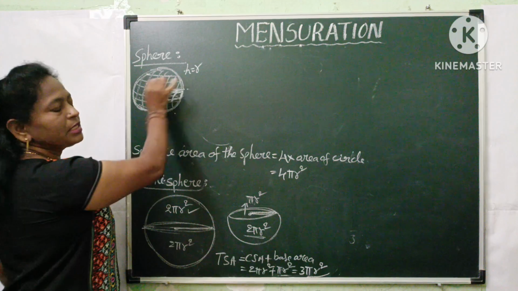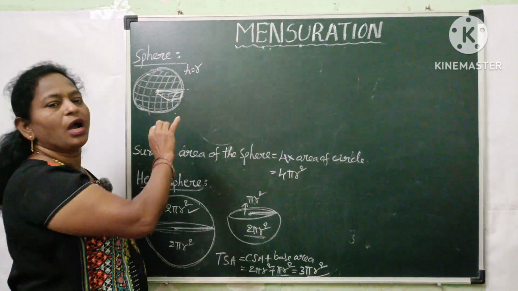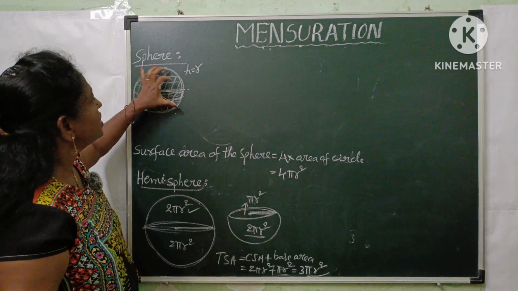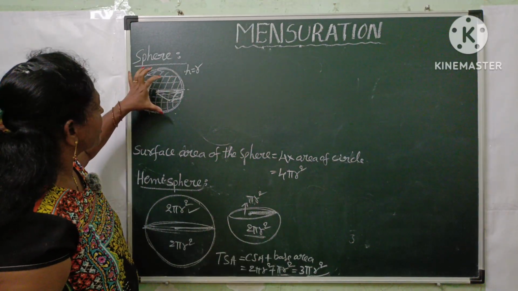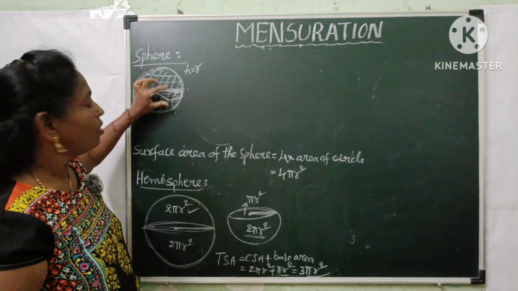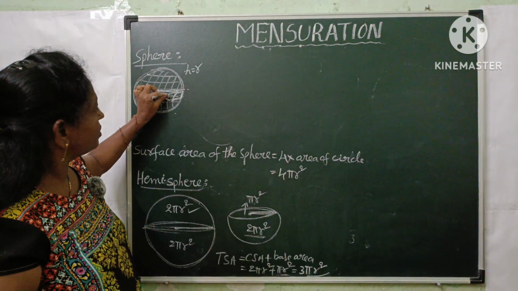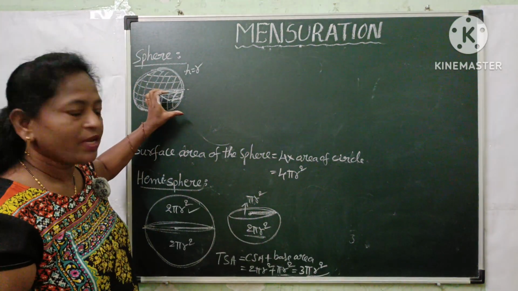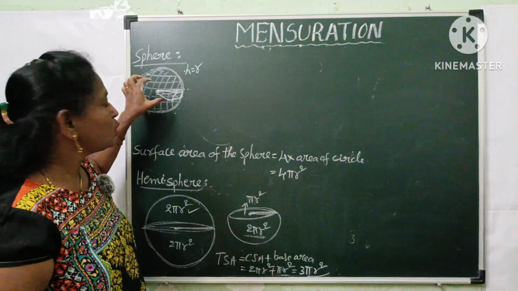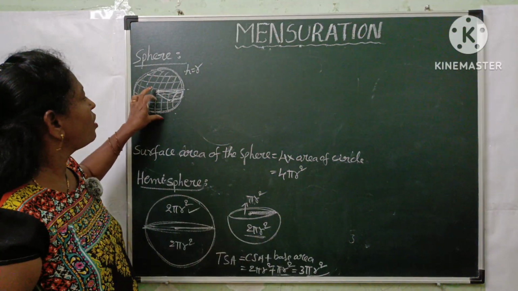Many pyramids means we use n number of pyramids, the sum of their volumes. The sum of the volumes of the pyramids is equal to the volume of the sphere, since we are forming many pyramids from the sphere.